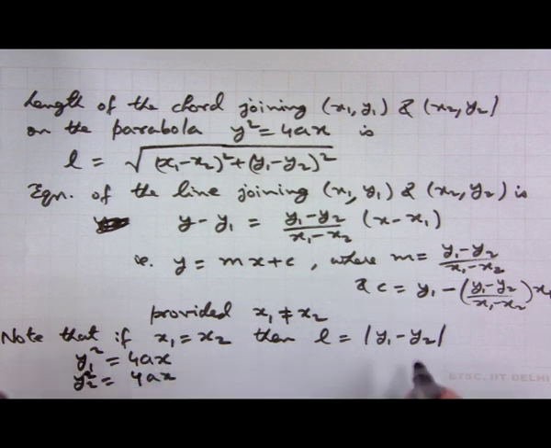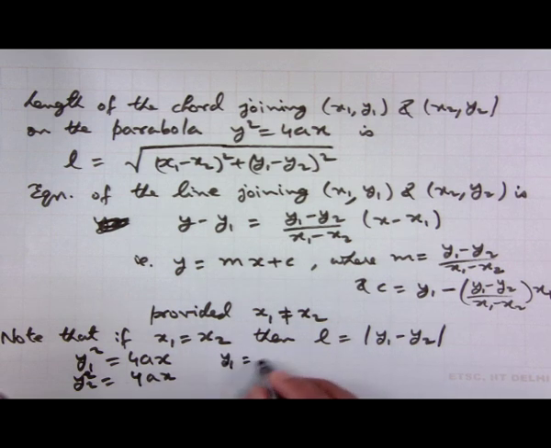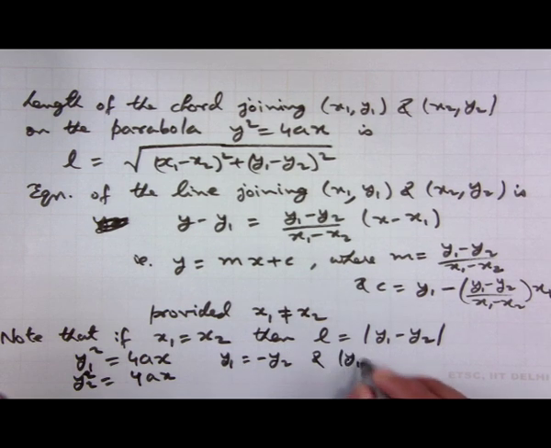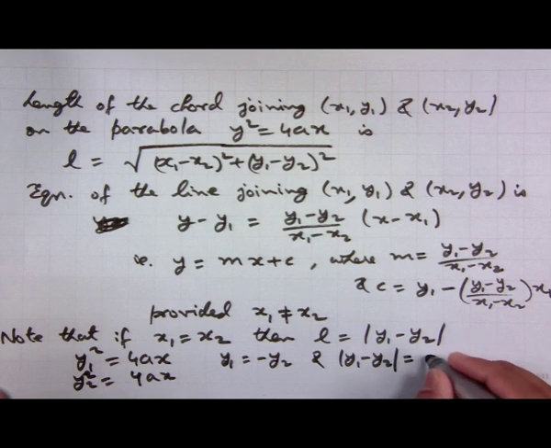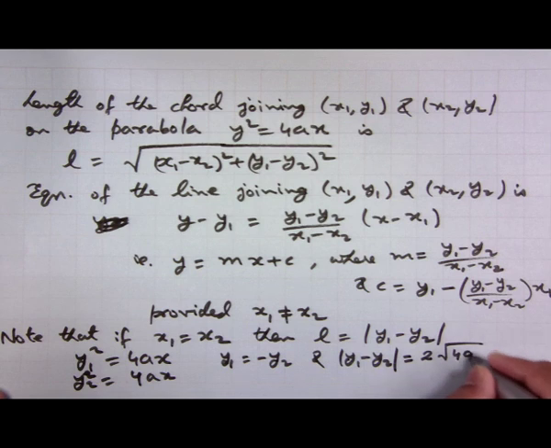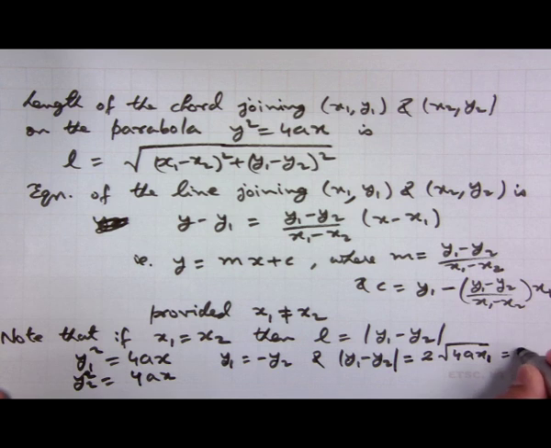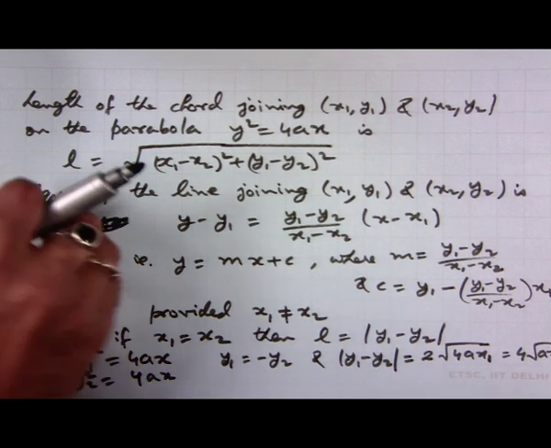So, y 1 equal to minus y 2, and y 1 minus y 2 in absolute value is just 2 times square root of 4 a x 1, which is 4 square root of a x 1.